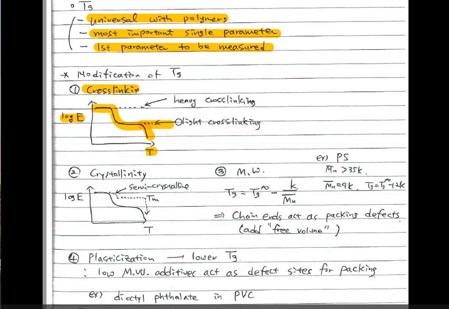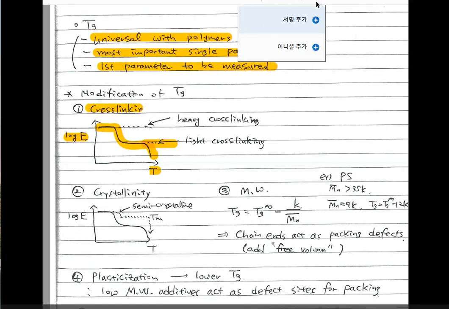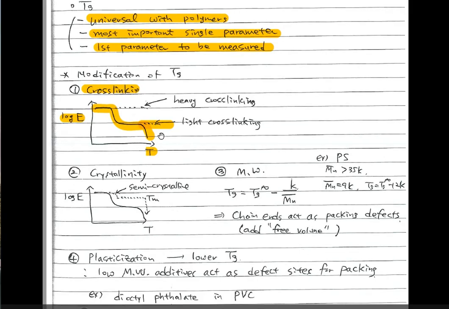So that's why it is rubber. Similarly, if you heavily cross-link polymer samples, then it becomes very hard, rigid, glassy materials. So the first way to modify glass transition temperature is by cross-linking.